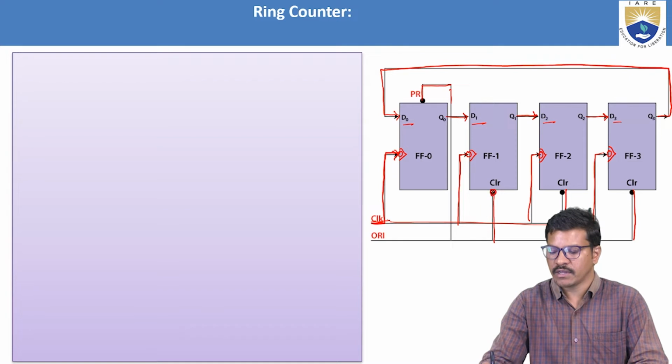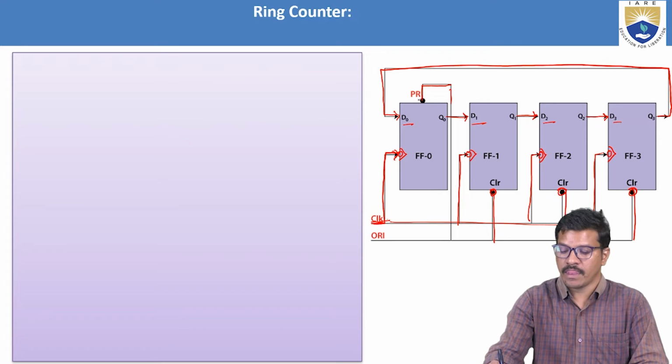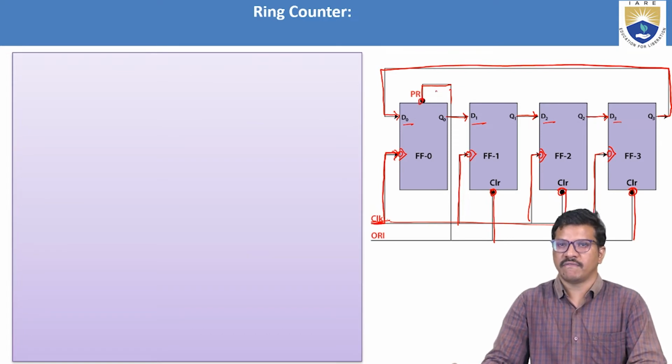So these are clear inputs, asynchronous inputs. Three clear inputs are connected with flip-flop 1, flip-flop 2 and flip-flop 3, and only one asynchronous input called preset is connected to the first flip-flop FF0.